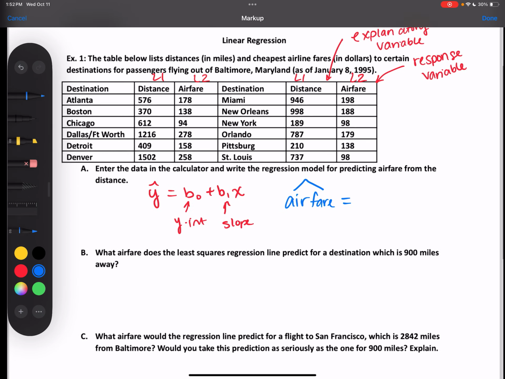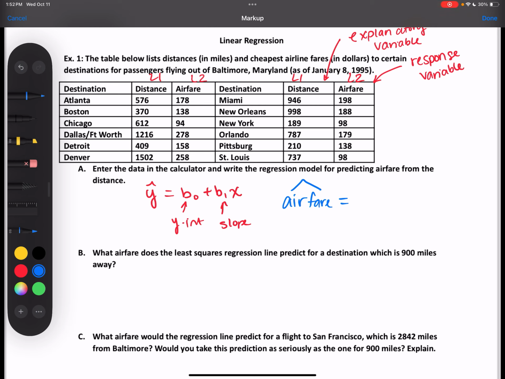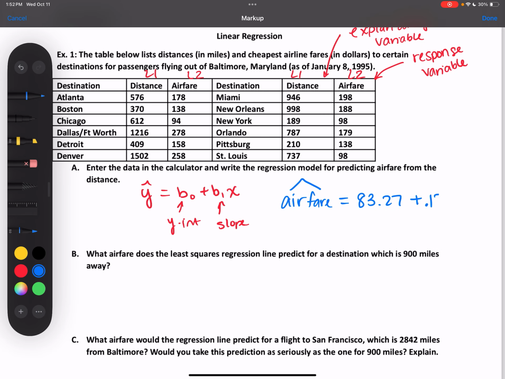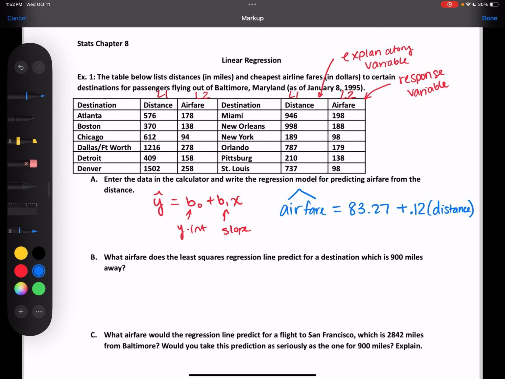What do you want it rounded to? 2 decimal places, I guess. 83.27. Okay, and then I'm assuming it's a positive value for the slope. All right, what's the slope? 0.12. And then that'll be times distance, because that would be my x value.